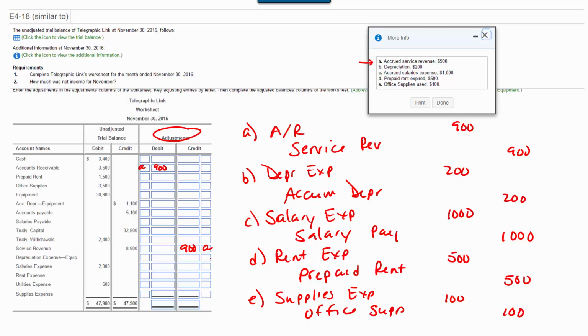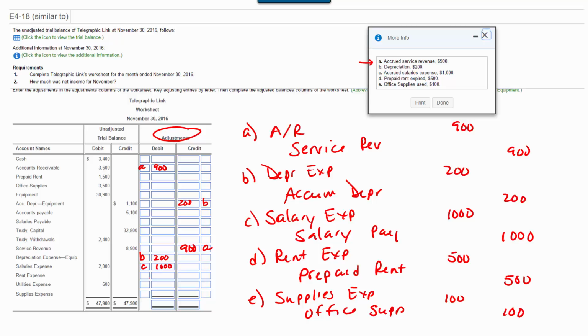For transaction B, I debited depreciation expense, so that's down here, $200 debit, and I credited accumulated depreciation, which is here, $200. That's transaction B.